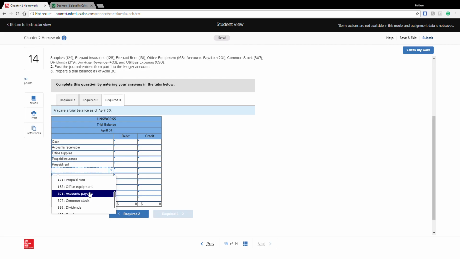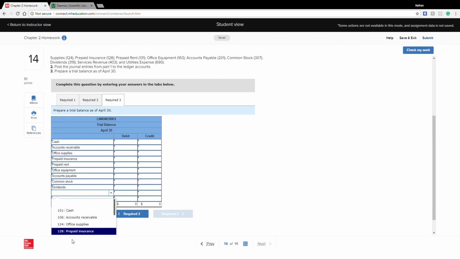So this is the cool thing about Connect. Again, remember trial balances, if you have to make one, it's always assets first, then liabilities, then equity. So common stock, dividends, next will be revenue, and then expenses.